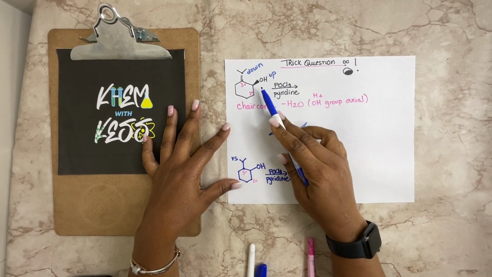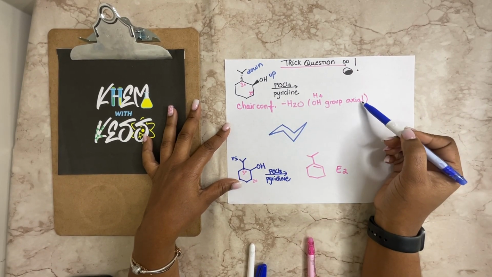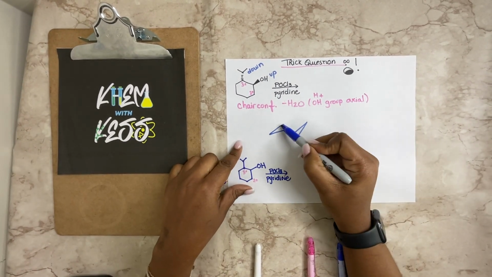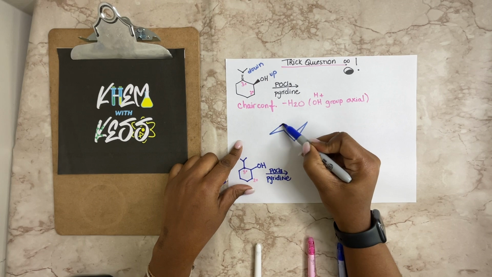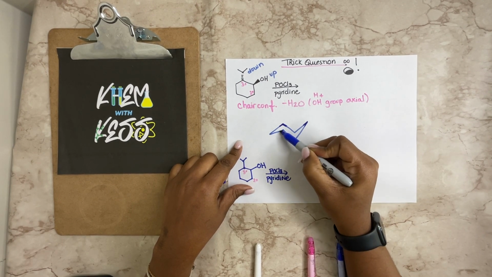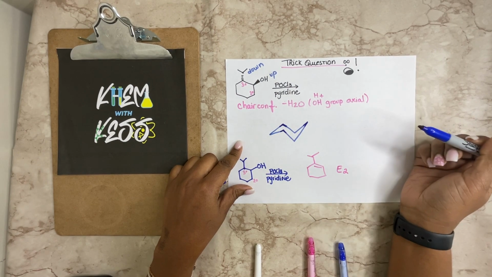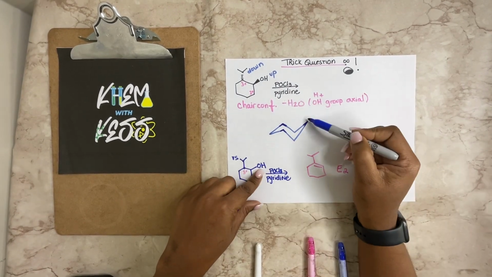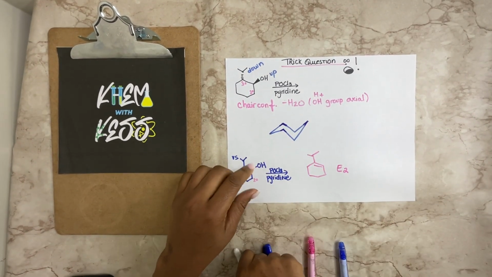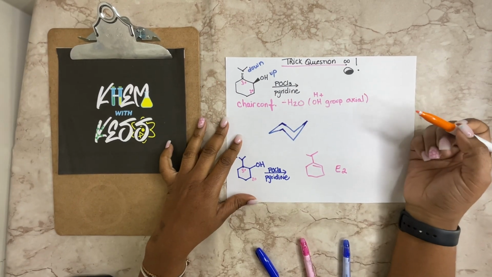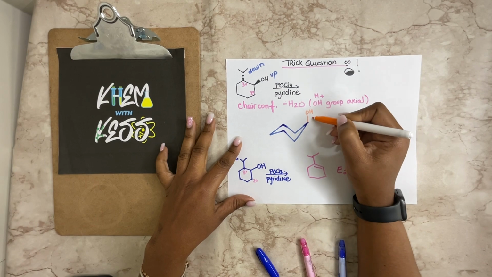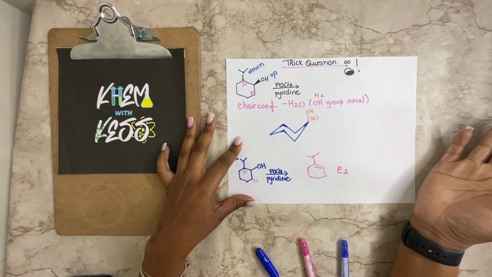I know I need my OH group in the axial position, so the goal is I'm going to look at every corner that's automatically pointed up, which is this one here, and this one. Those are the 3, so here, here, and here, that are pointed going upwards. Now, any one of those corners, you're allowed to just immediately draw the OH going up, and it's immediately axial. It's the coolest thing.